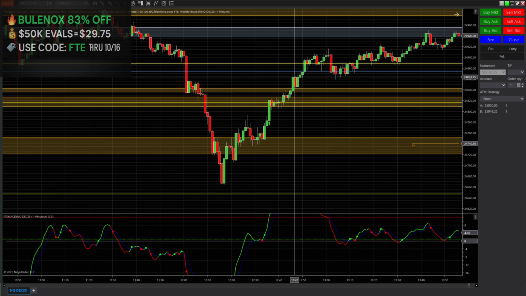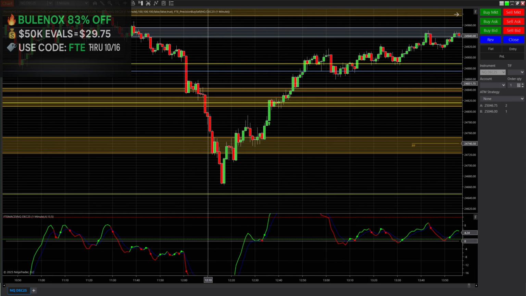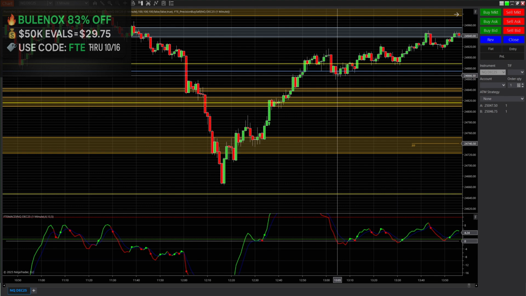You need to remember, when it does and then it stops somewhere, people never understand what's going on. Why did it drop to there? Well, look at structure. This retested this structure area right here. Always got to watch your structure, always.